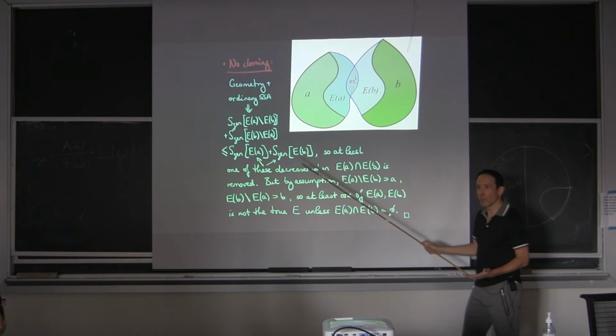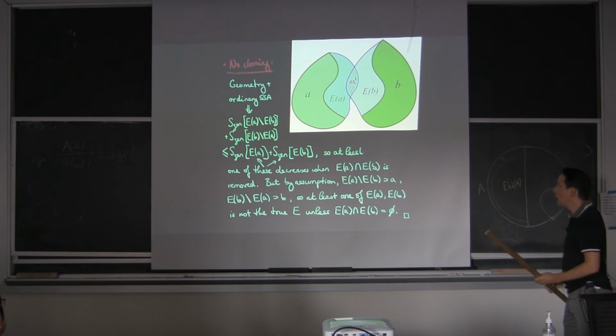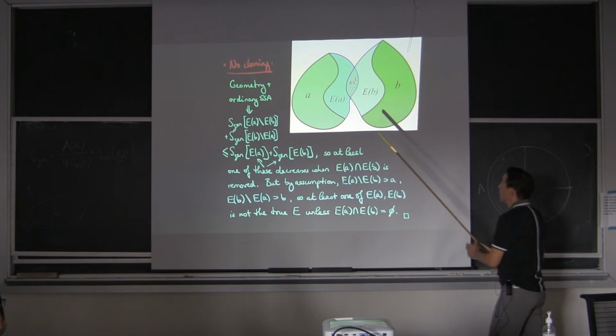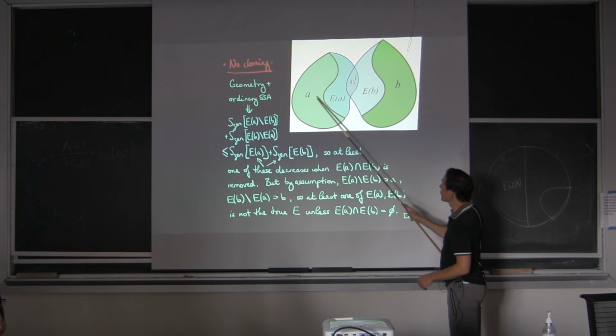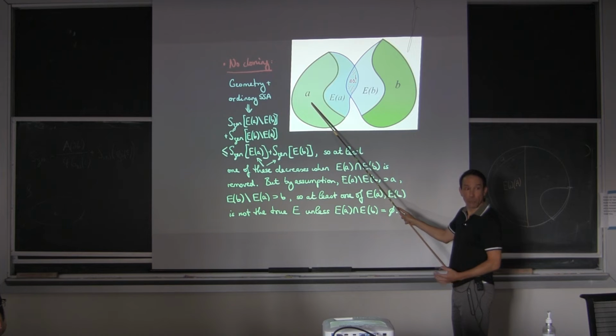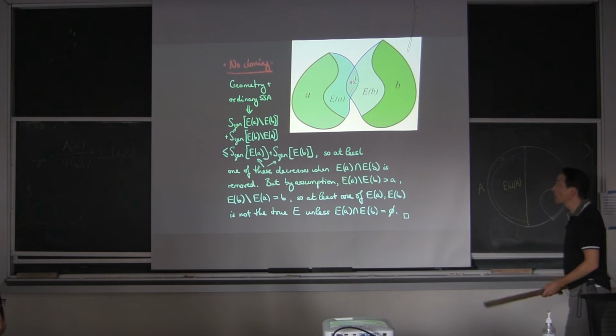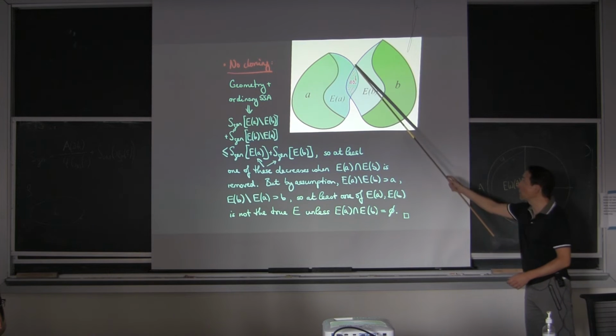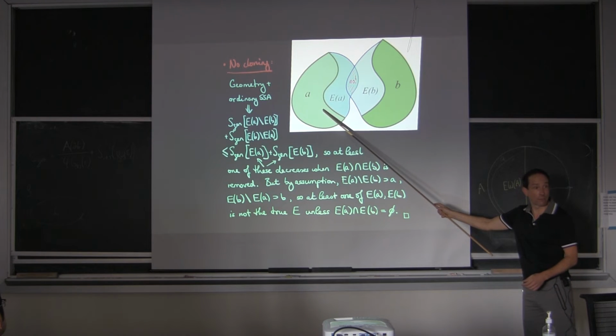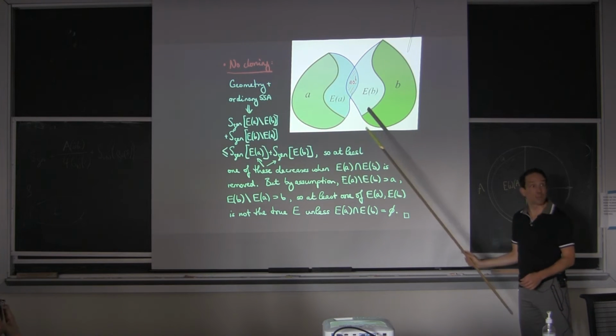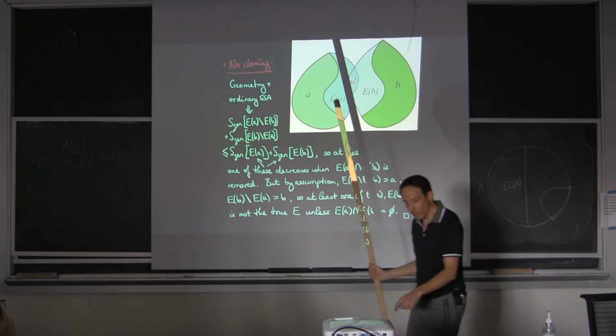Otherwise, it's impossible to achieve this. Okay. But each of these reduced regions still contains the input region, A and B. And so that's a contradiction, because those were supposed to be the smallest generalized entropy regions that contain A. At least one of them is not the smallest. That's it.